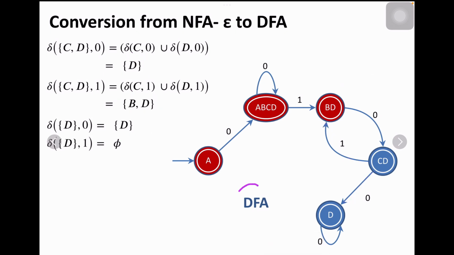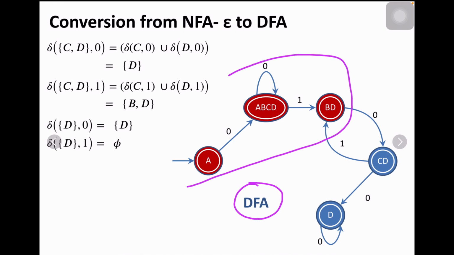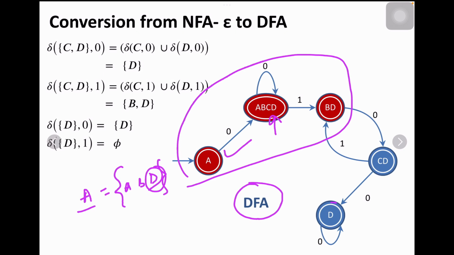This will be the final DFA. How do you make these final states? Because A is a final state of the DFA after completing the E-closure, A, B, D is there, so it is a final state. D is a final state of the given NFA, so A, B, C, D is final. Then BD also, since it contains a final state, you can make it a final state.